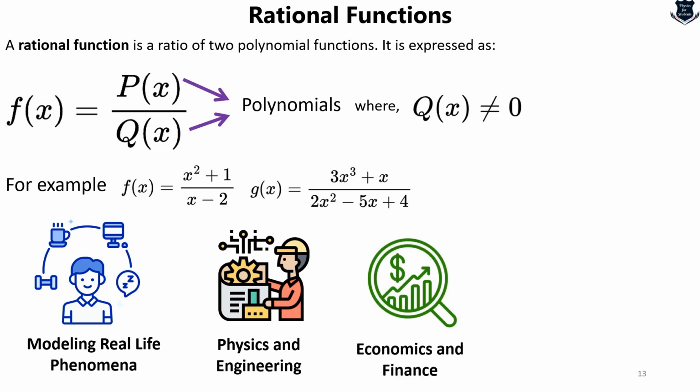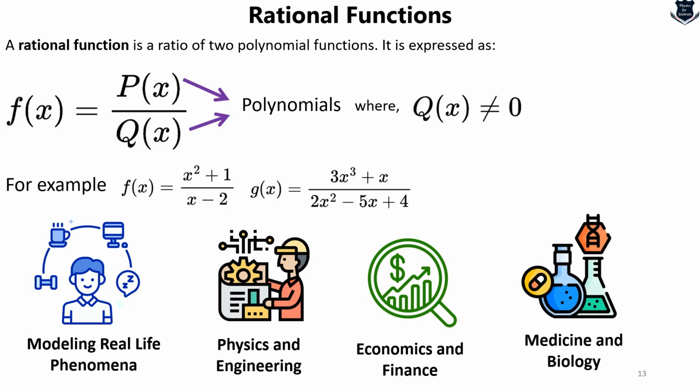Then economics, where it is very much used in calculating trends and finance. It is also used in medicine and biology in different ways, when we calculate functions where one depends on the other.